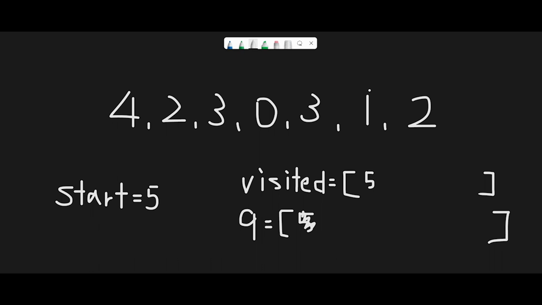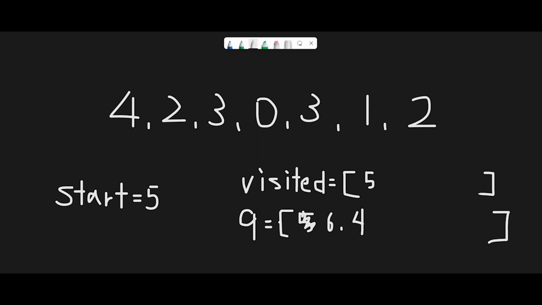So we can jump forward once or jump back once, and both sides are not out of bounds. So add both indices to Q, in this case 6 and 4.